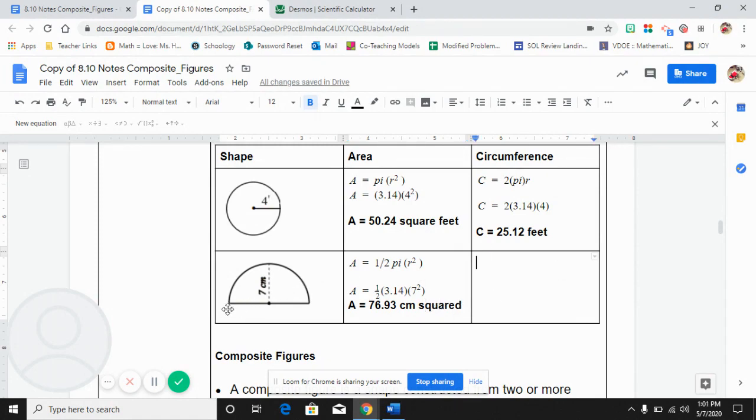Circumference. This is kind of tricky because if I wanted to know half of the circumference, like the perimeter of this shape, the shape is actually half of the circumference and then this bottom part here. So we'd have to find half of the circumference and then also add this bottom part.